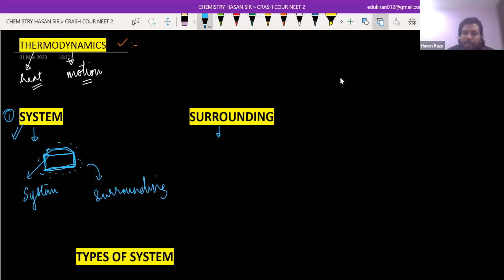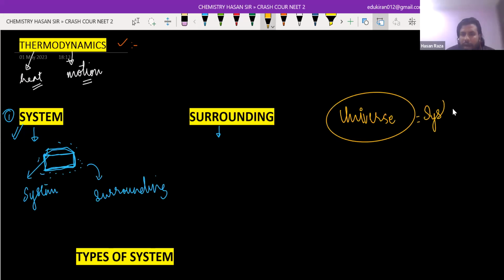There is another term in this chapter, that is your universe. And what is universe? Basically, if you add this system plus surrounding, then that will be your universe. It's very easy. Let's take an example. If you are boiling milk, then the container in which you are boiling the milk is your system.